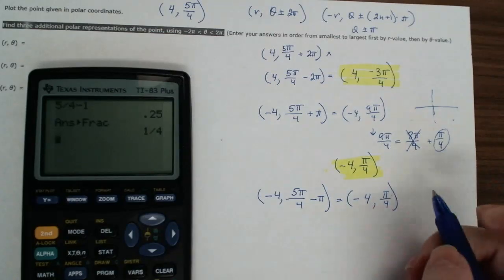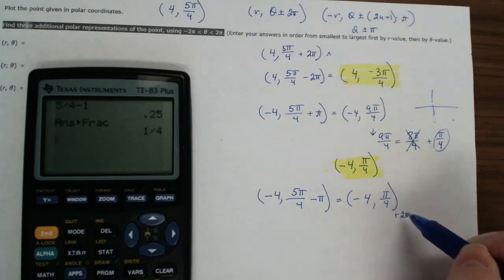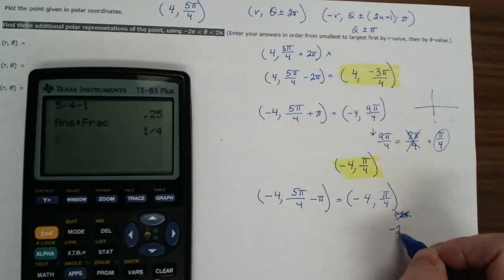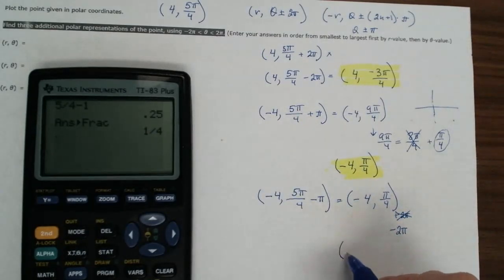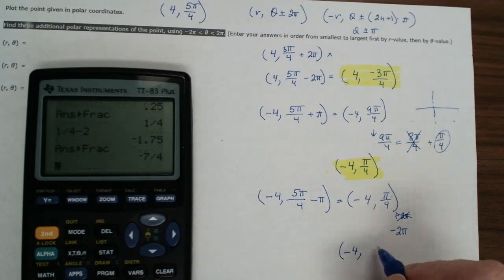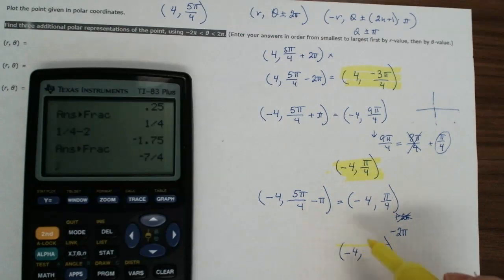How will we fix it? We can add 2π, but this will be greater than 2π, so this idea will not work. We will subtract 2π. So it will be negative 4, 1 over 4 minus 2, Math, enter, enter. It will be negative 7π/4. And this will be the third answer.